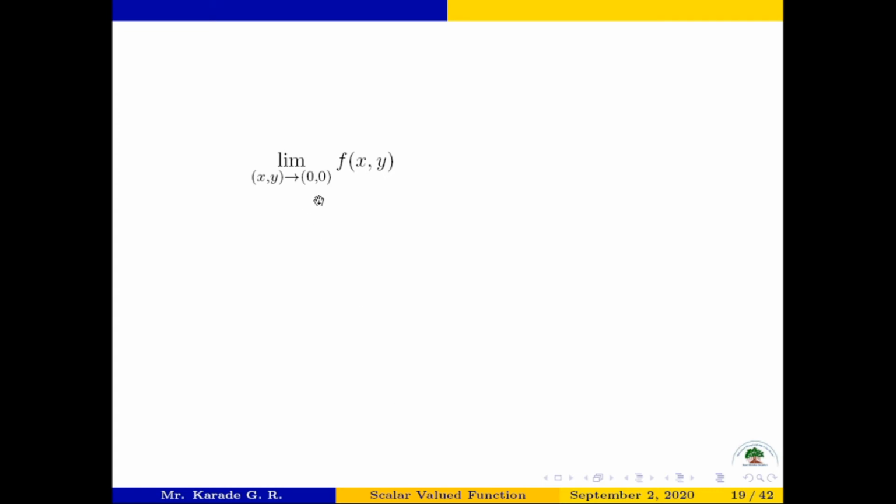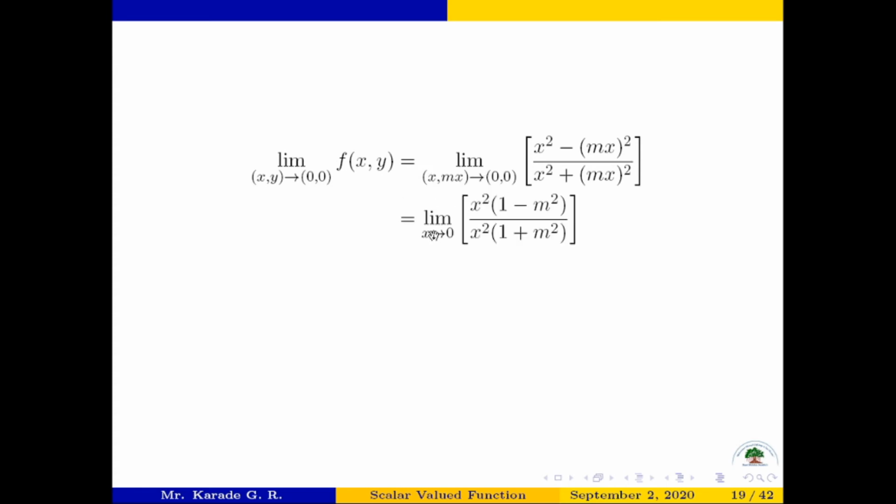Consider the limit of f of x comma y as x, y tends to 0, 0. Instead of y, wherever there is y, I will put mx. We get x square minus m square x square divided by x square plus m square x square, as x comma mx tends to 0, 0. So finally we can say that x tends to 0. The function involves only x.